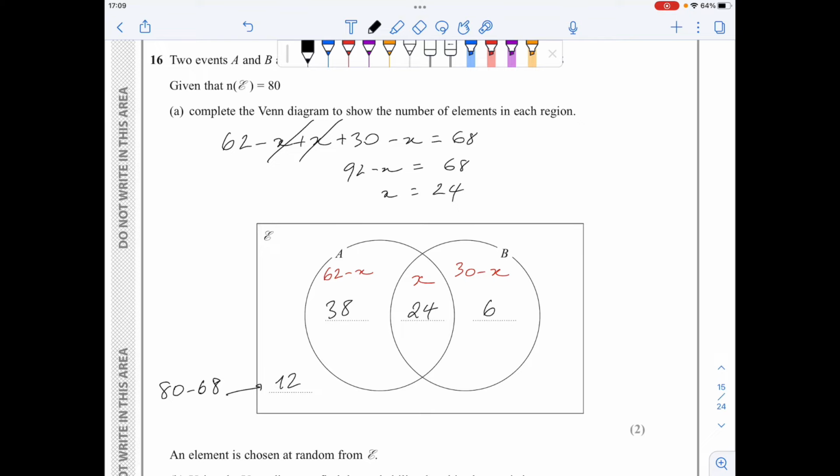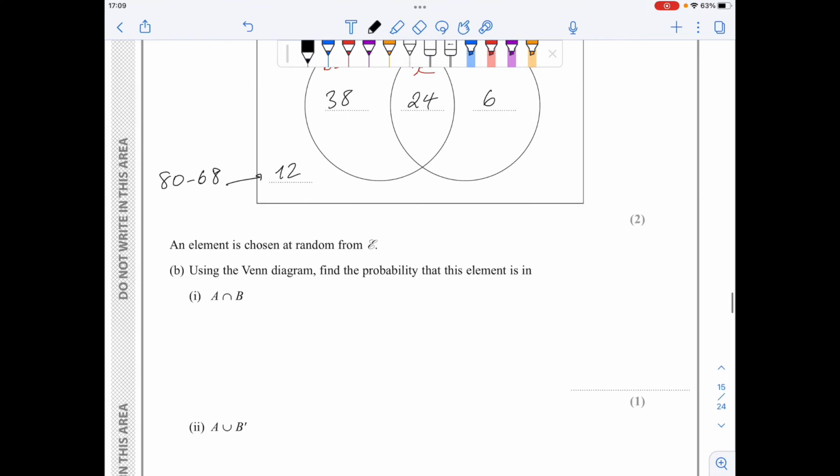Now the second part, BI, wants the probability that this element is A intersection B, so that's the central region. That's 24 out of 80. If you want to simplify, it gives you 3 out of 10.